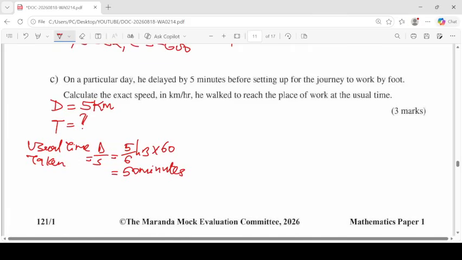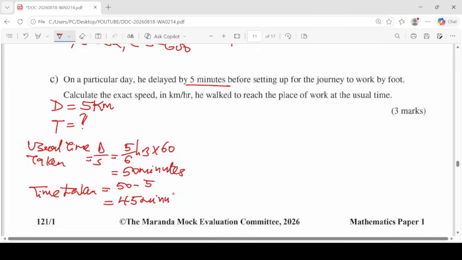But on this particular day, he delayed by 5 minutes. Remember, the aim is to reach school within the 50 minutes. But if you delay by 5 minutes, this person has to use the remaining 45 minutes. You take 50, then you less this time, 5. This means you'll be left with 45 minutes.